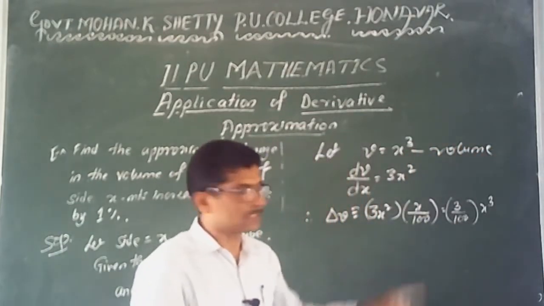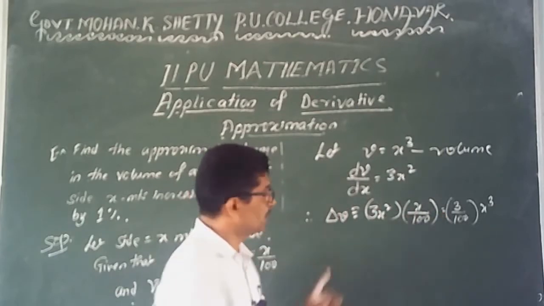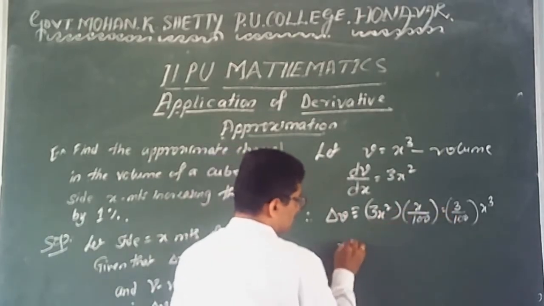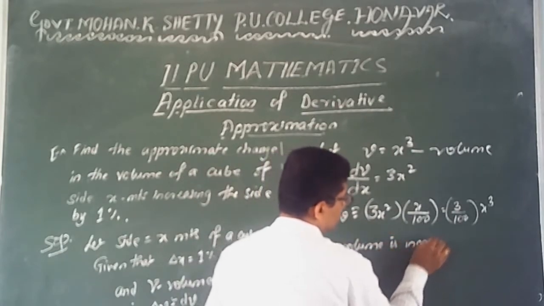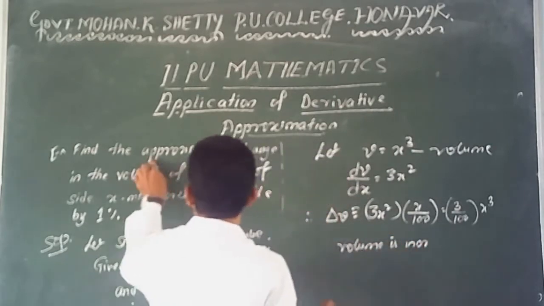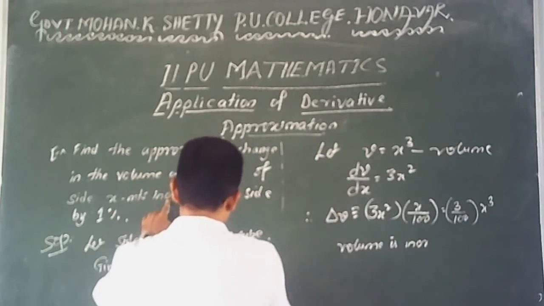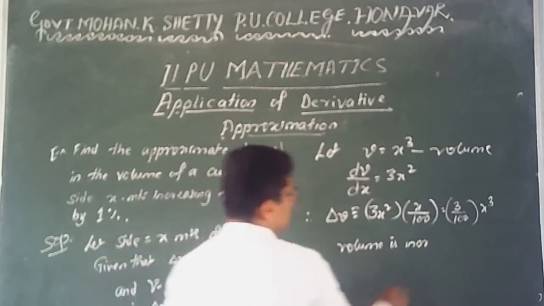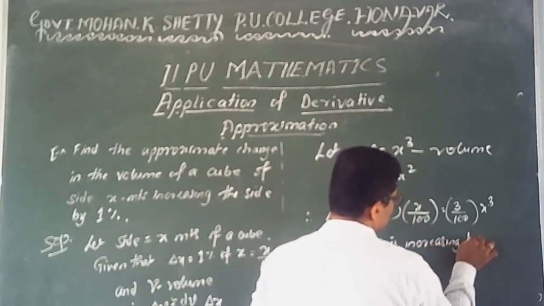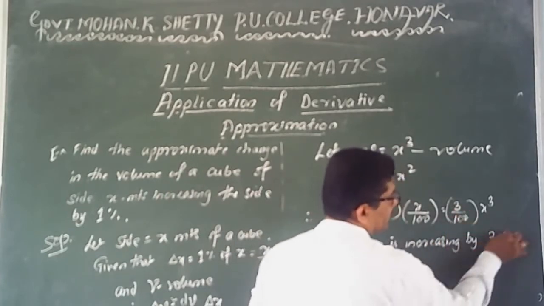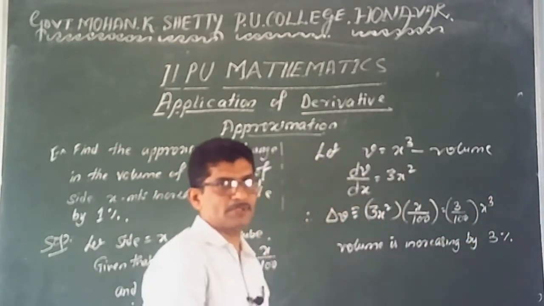Therefore, the volume is positive here. Since the side is increased, you take 1% of x as positive. Therefore, the volume is increasing by 3 by 100, which means 3% of the volume.